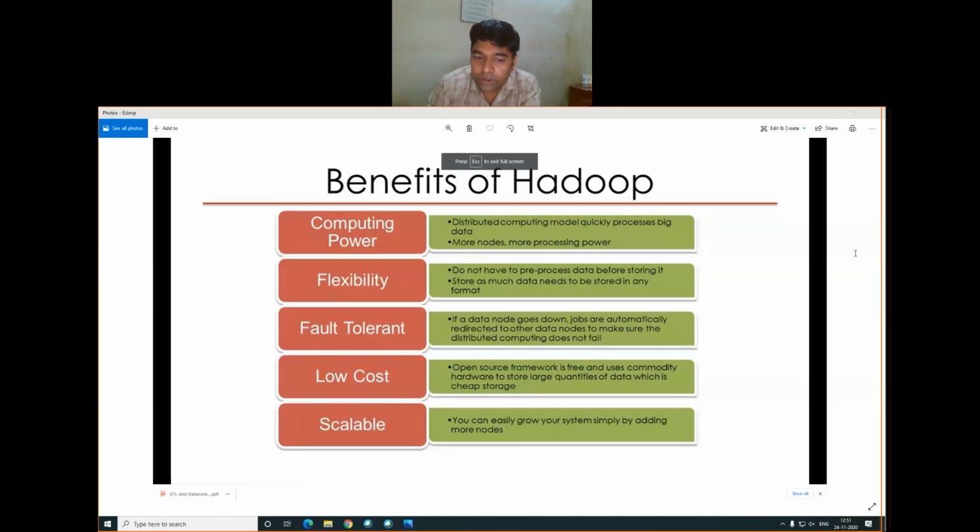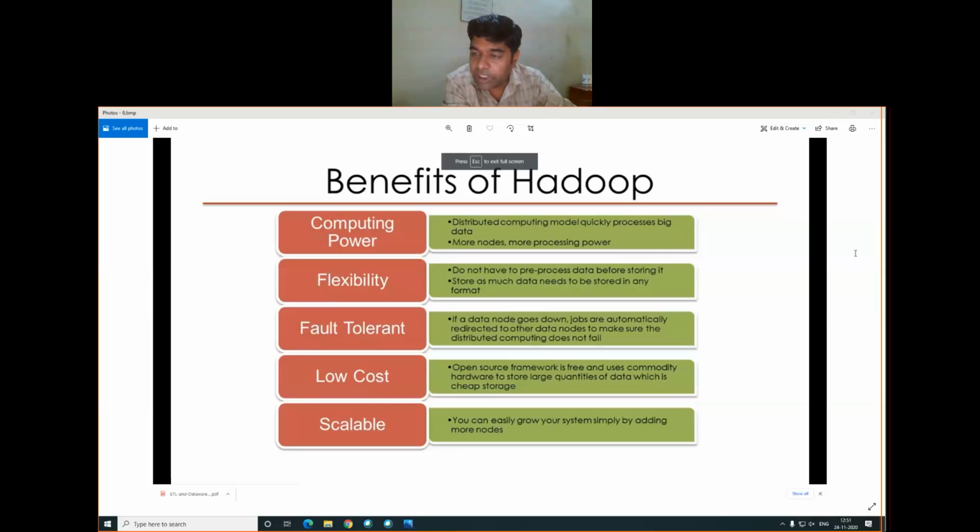Clear? And at the last, Hadoop also provides the scalable benefit as compared to the traditional system, where you can easily grow your system simply by adding more nodes. Clear? So these are some of the benefits of Hadoop. From this slide you can easily understand.